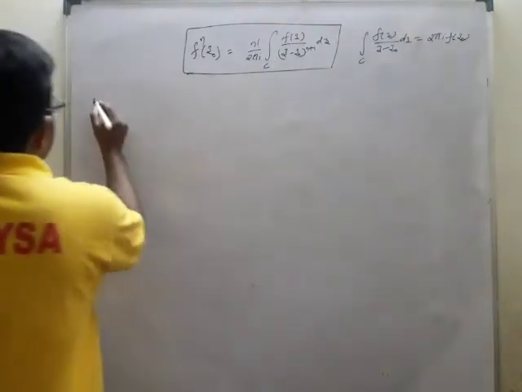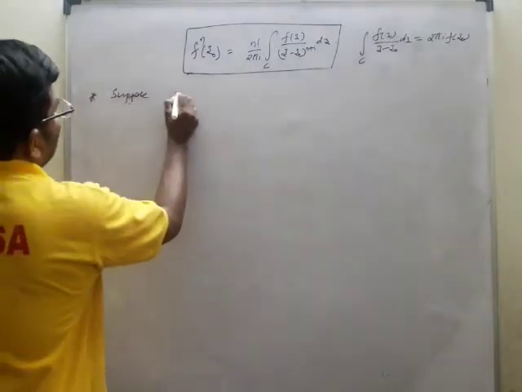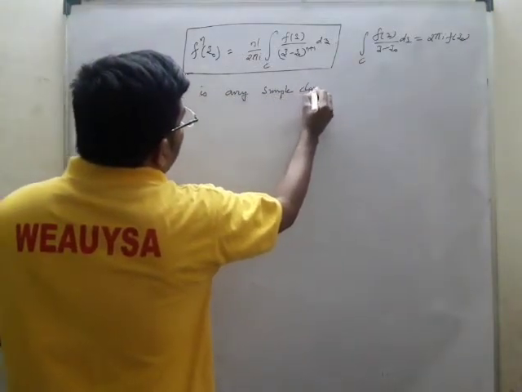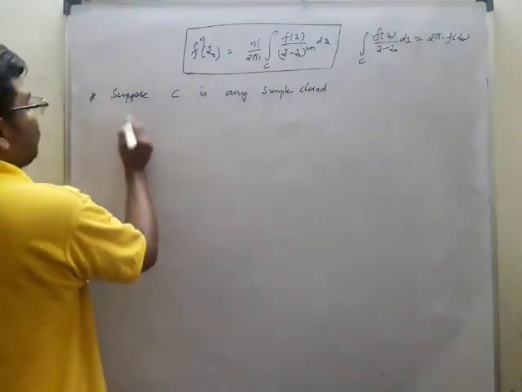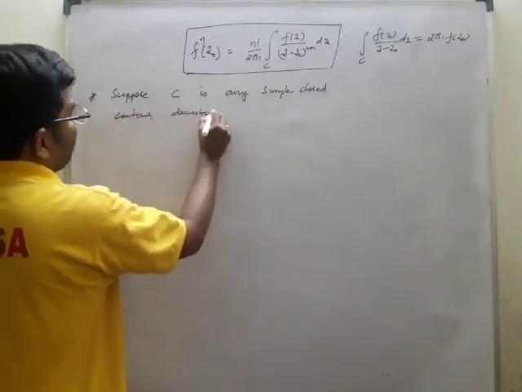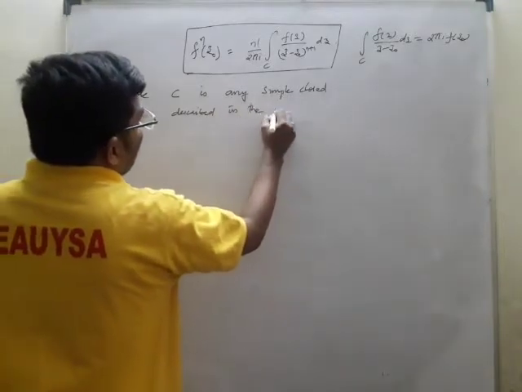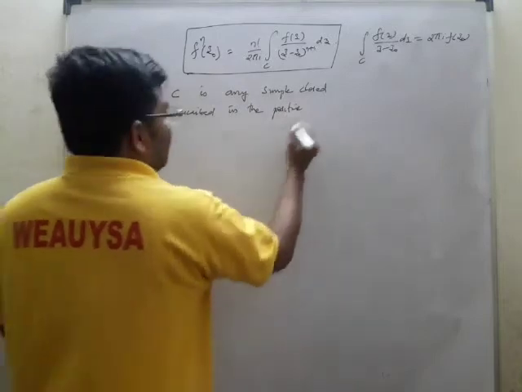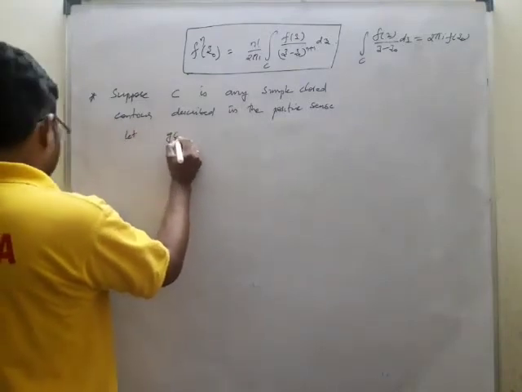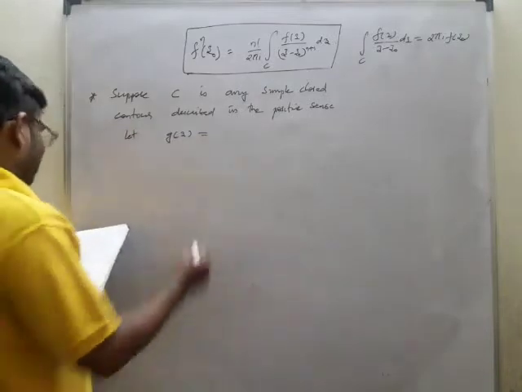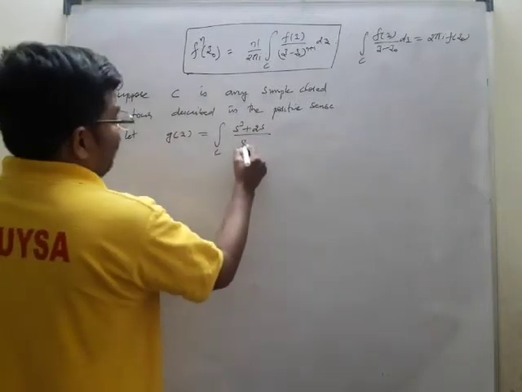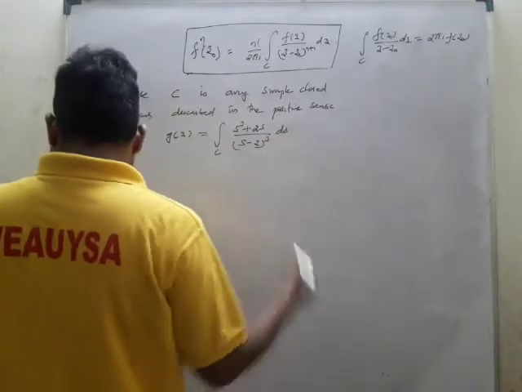In the same manner, suppose C is any simple closed contour described in the positive sense, let g of z equal the integral over C of (s cube plus 2s) by (s minus z) whole cube ds.